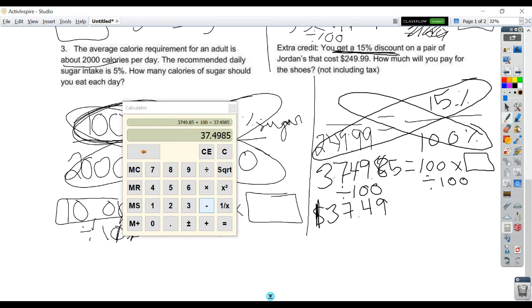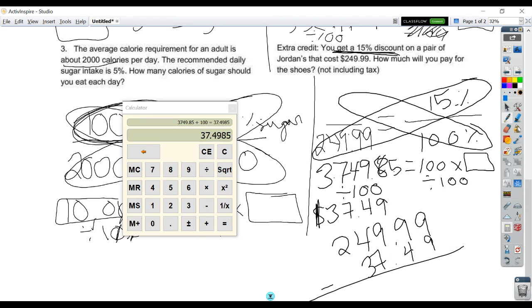So I have $249.99, and look at $37.49. If I subtract this, then 9 minus 9 is 0, 9 minus 4 is 5, 9 minus 7 is 2, 4 minus 3 is 1, and then I have 2. So my final price is $212.50.